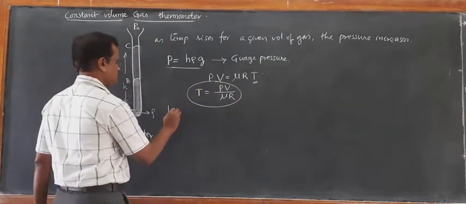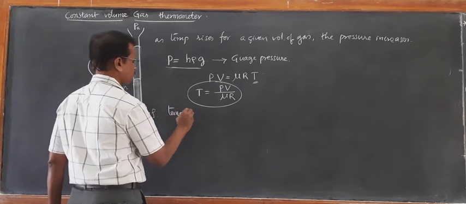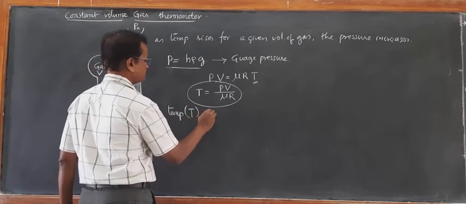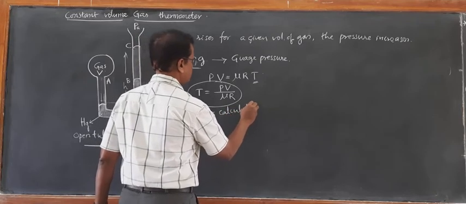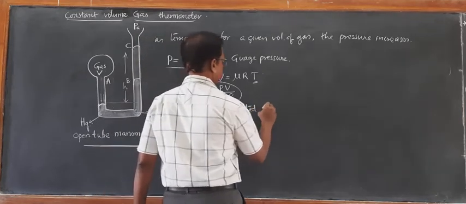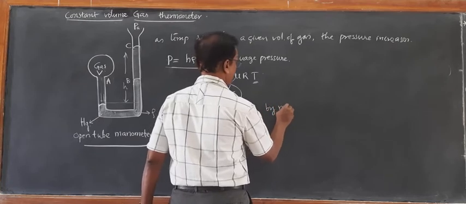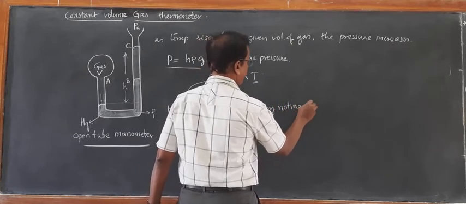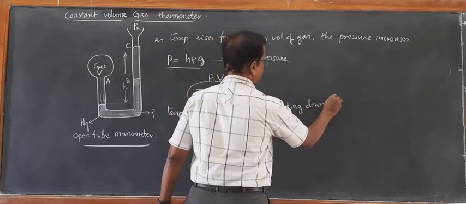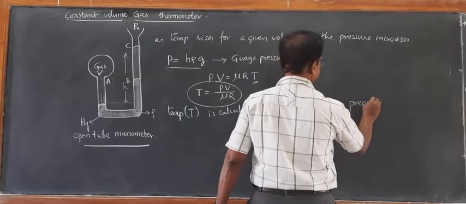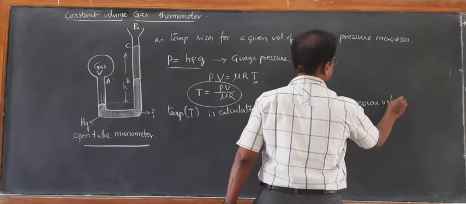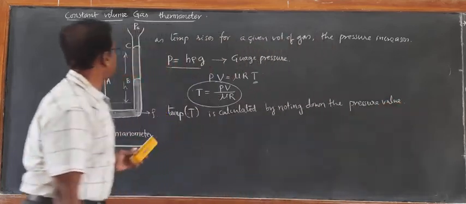So the absolute temperature T is calculated by noting down the pressure value. It is also called an open tube manometer.